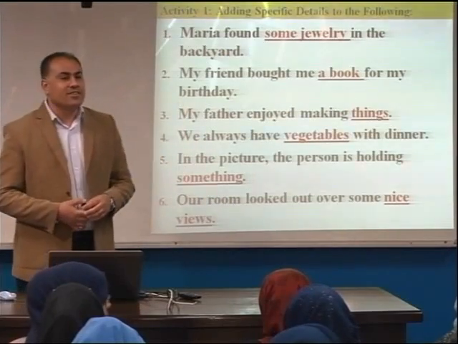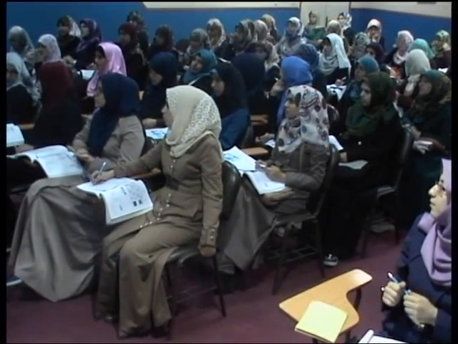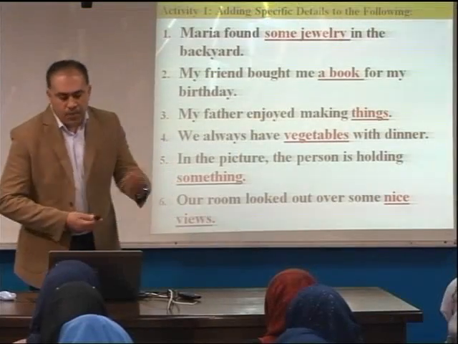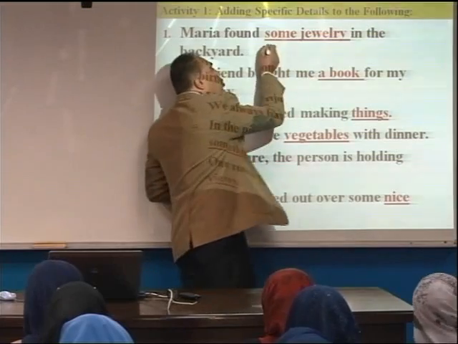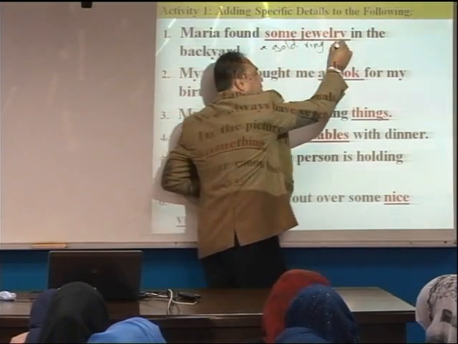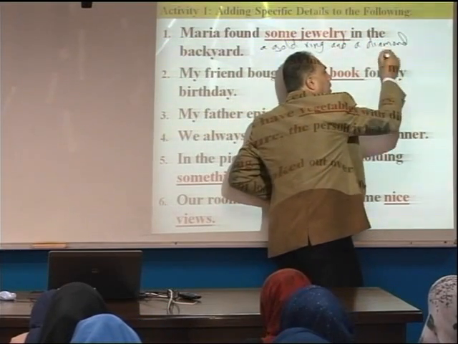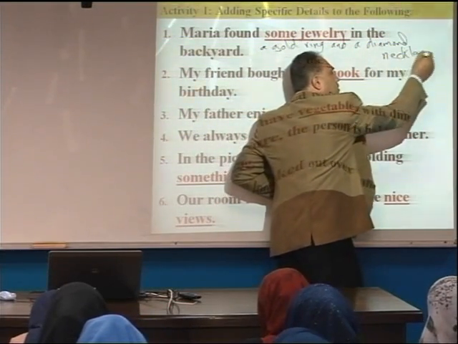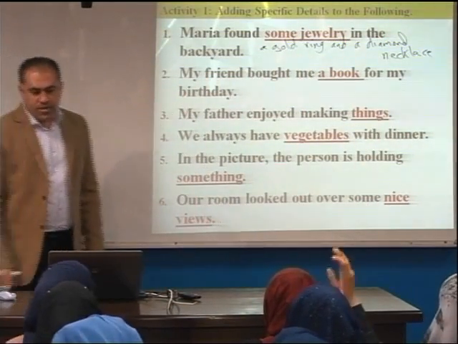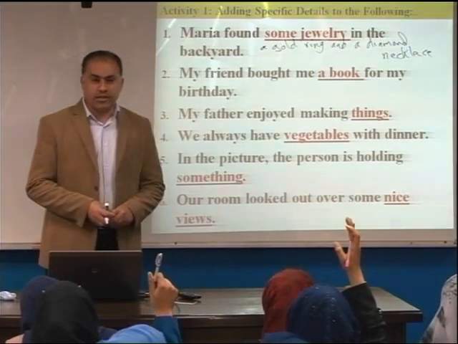Maria found a diamond necklace in, yes, we could say a gold ring and a diamond necklace in the backyard. Alright? Maria found a gold ring and a diamond necklace, and she's lucky actually.